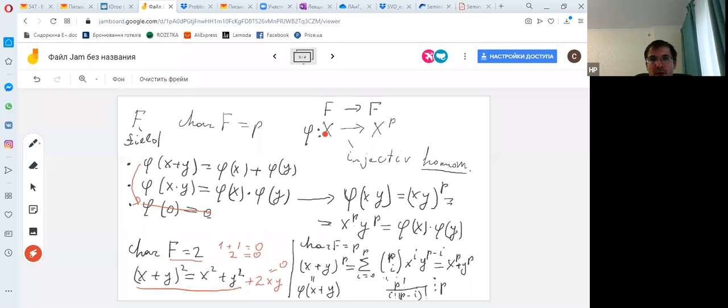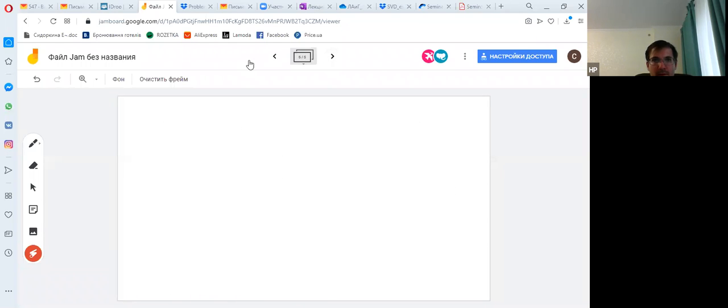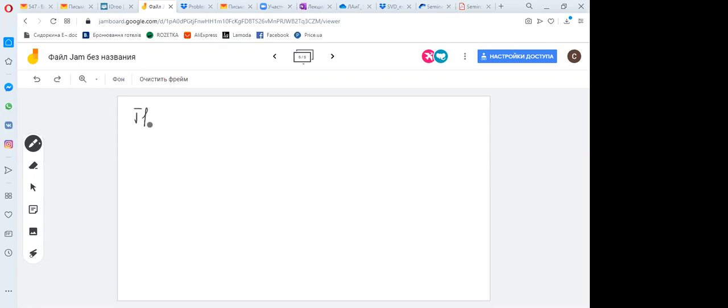Now we should check that phi is injective. Do you know how to check that some homomorphism is injective? Well, if its image is equal to 0, then it's injective.